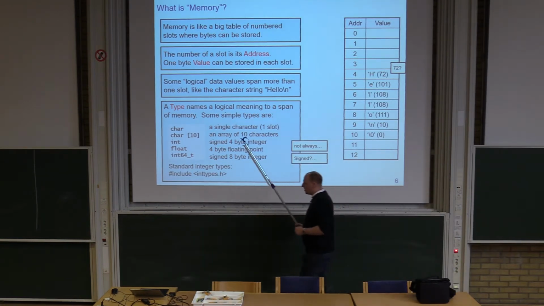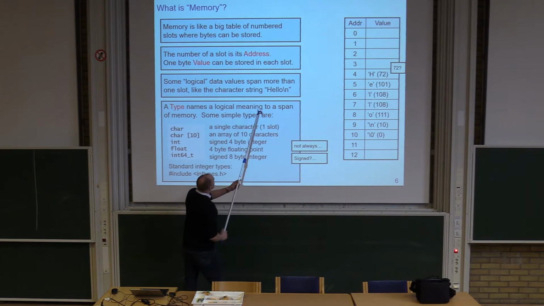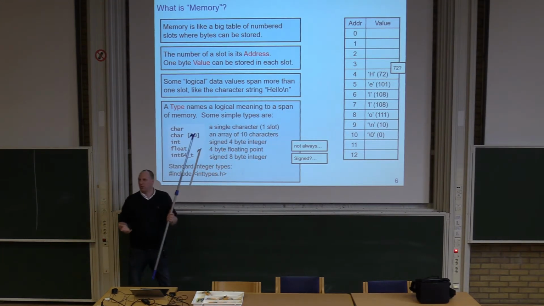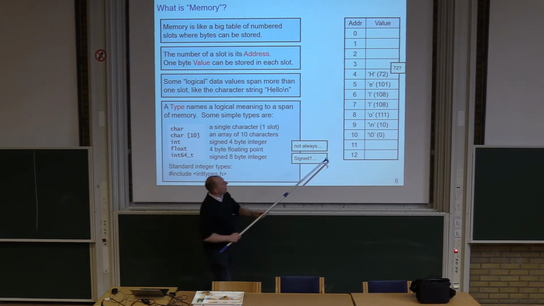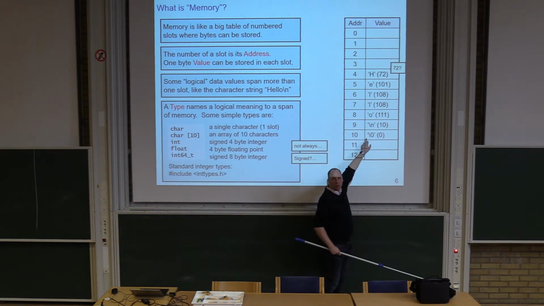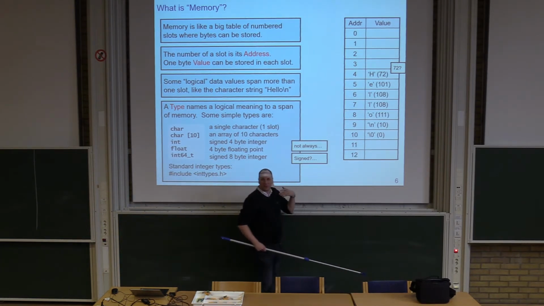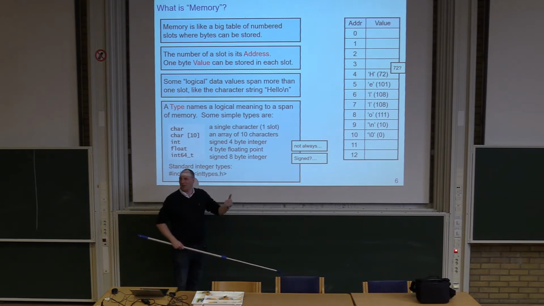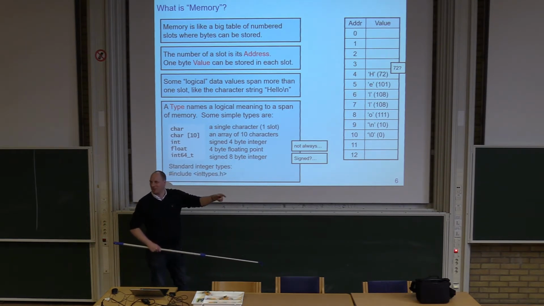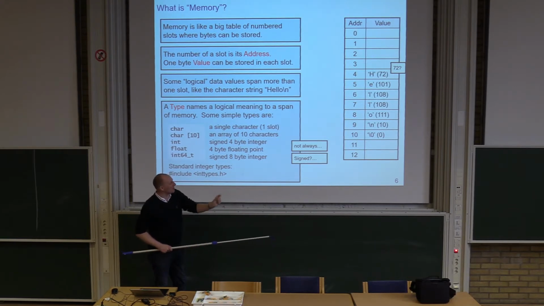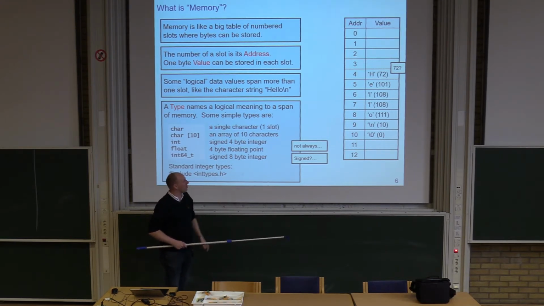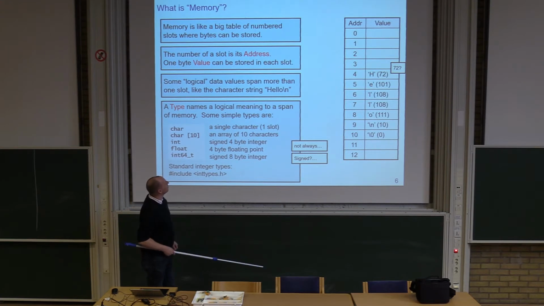Something you need to know about C is that if you store a string like that, strings are always terminated by the byte 0. That's how you know in C that you're at the end of the string, because then you will find the byte with only 0 or no bits that are set.